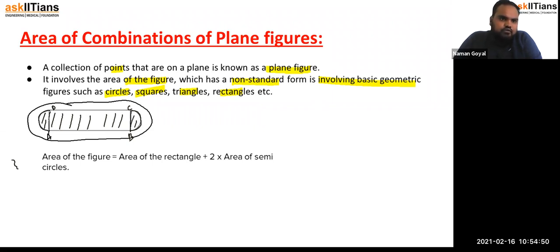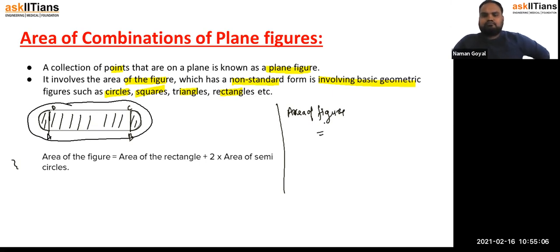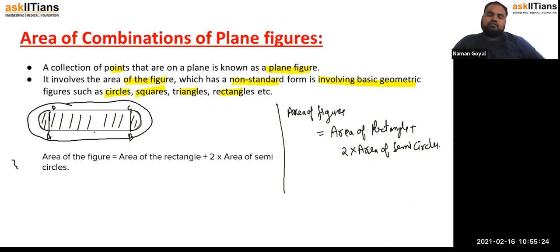So area of figure is nothing but area of rectangle plus 2 into area of semicircle. If you see in the figure, we got the same. Are you getting my point?